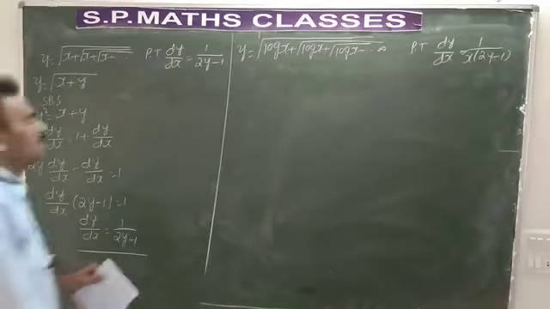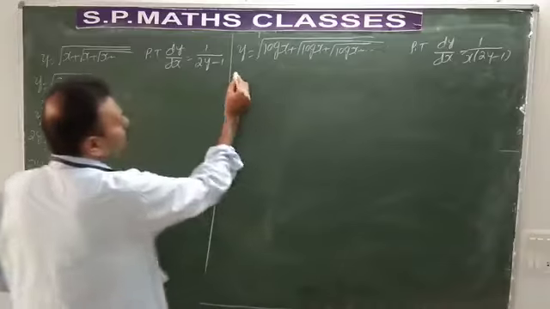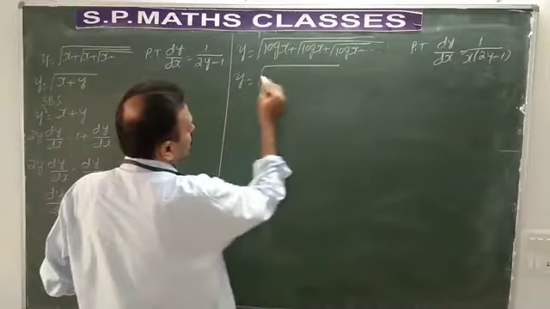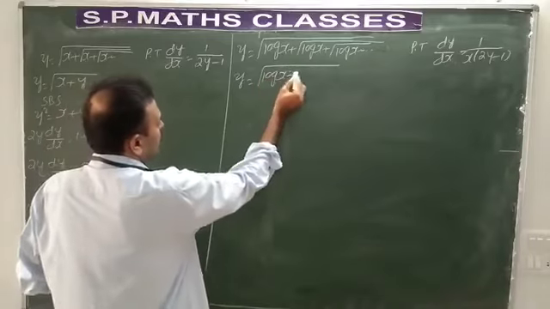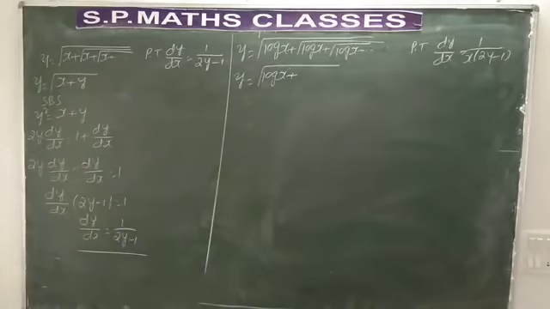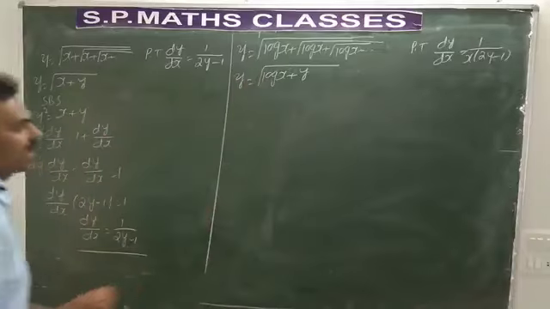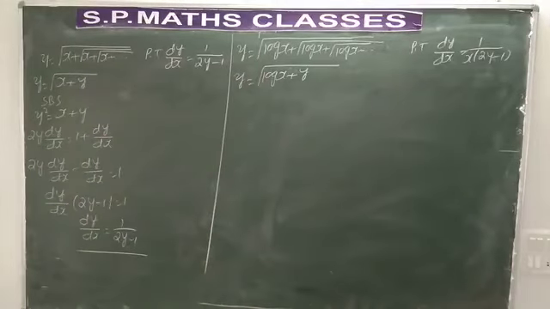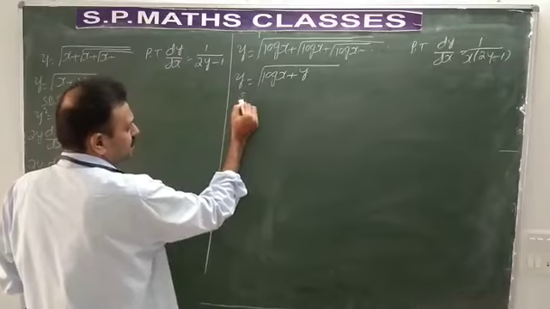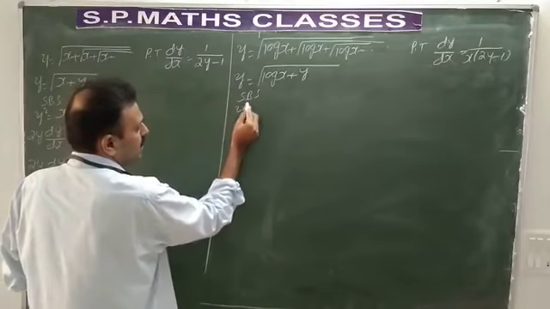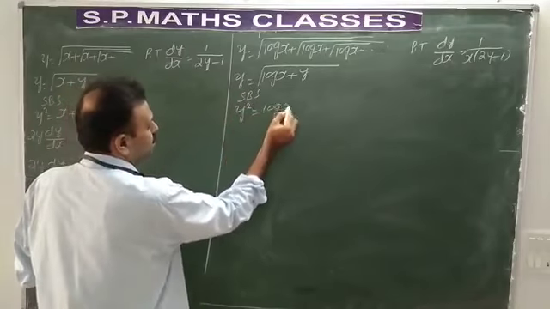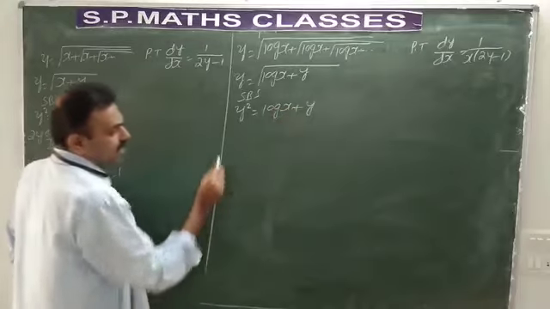It is given y is equal to root of, then from the second term onwards, root of log x plus root of log x plus root of log x, it goes on like this. That can be taken as y. If you square it on both sides, y squared is equal to log x plus y.